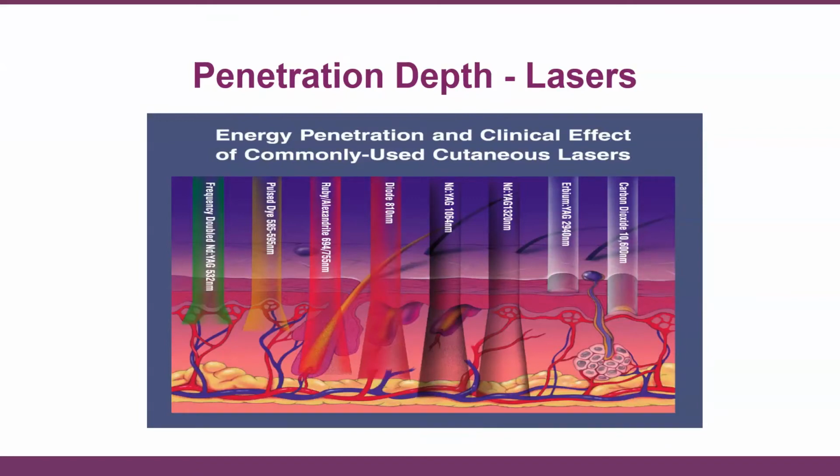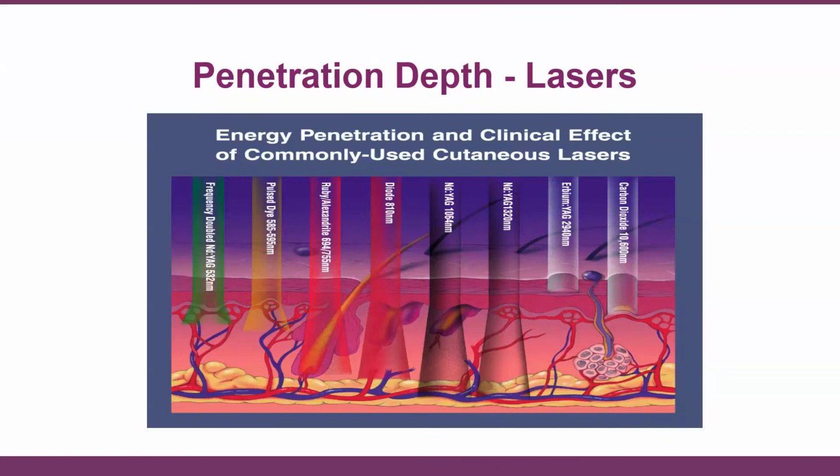And as we move from pulse dye laser to Alexandrite to ND-YAGs, you can see the depth of penetration of that light is getting deeper and deeper. And this is then also a consideration you need to make about how deep into the dermis is the vessel that you're trying to treat.